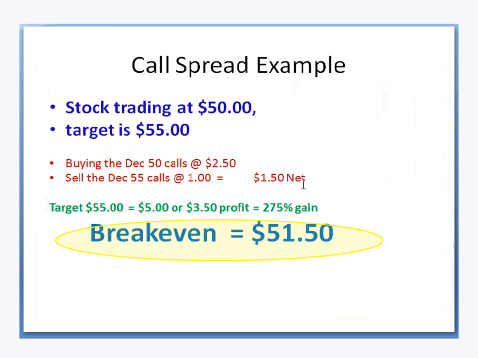So if in the money at expiration, what do you do? If a stock goes close to 55, you sell 55 calls. No, you bought the trade as buying one and selling the other.